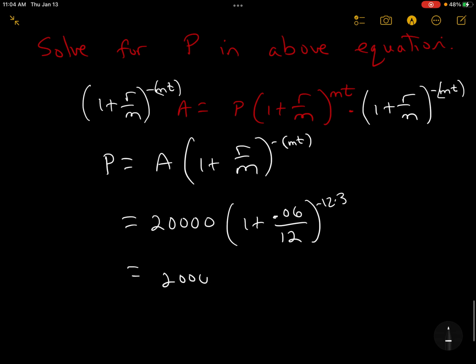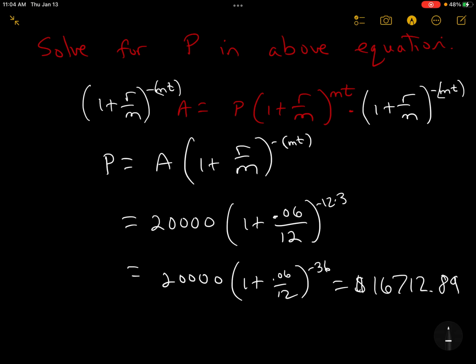So that's 20,000 times 1 plus 0.06 over 12 to the negative 36. And when you plug this into a calculator, you get $16,712.89. So if you invest that much now at the 6%, in 3 years, you'll make it to your $20,000.